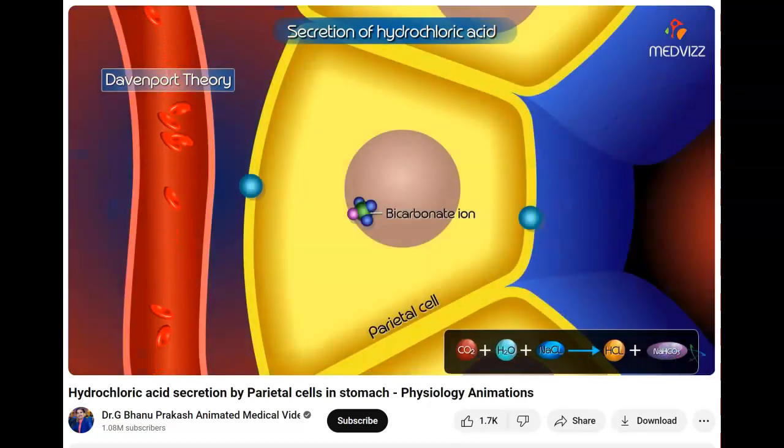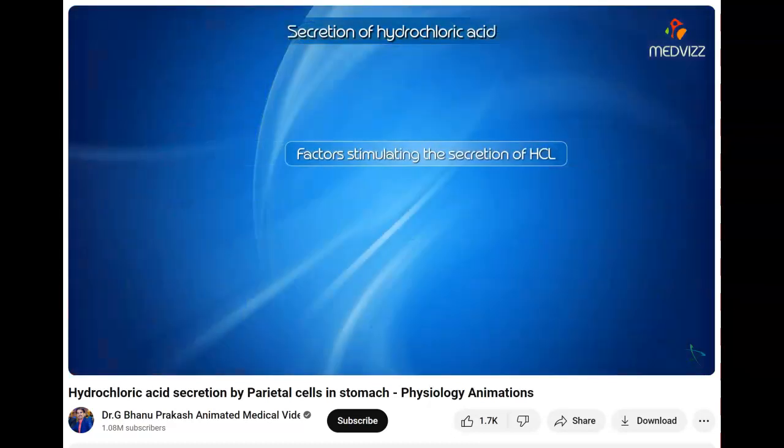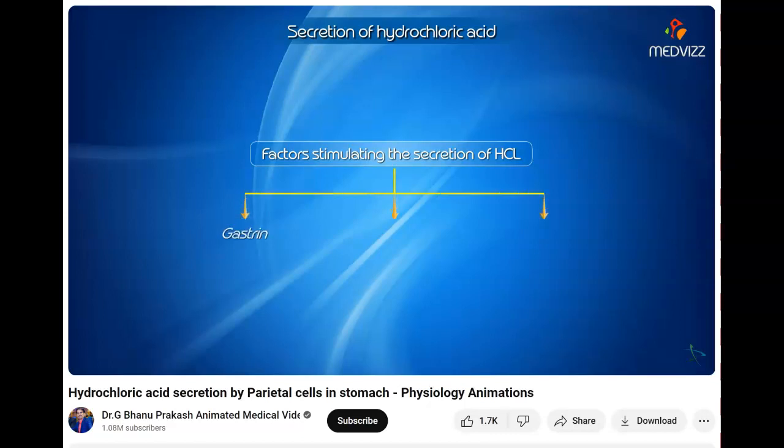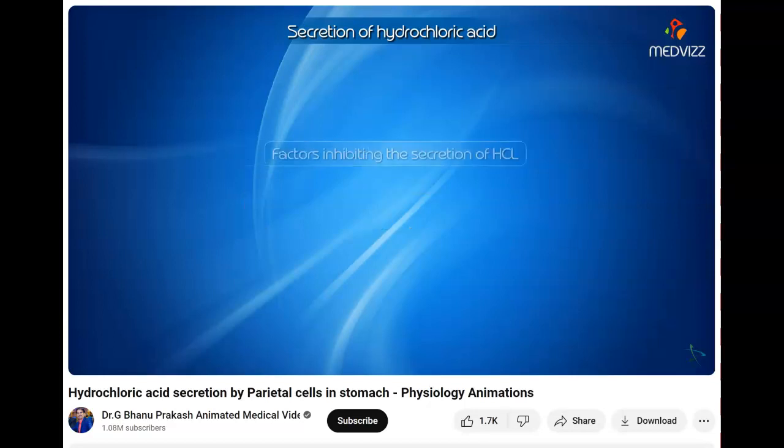To make up for the loss of chloride ion, the bicarbonate ion from the parietal cell enters the blood and combines with sodium to form sodium bicarbonate. Factors stimulating the secretion of hydrochloric acid are gastrin, histamine, and vagal stimulation.